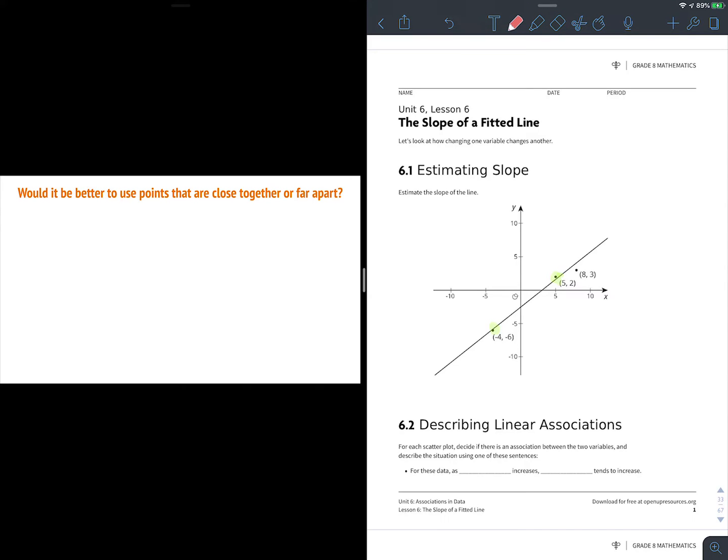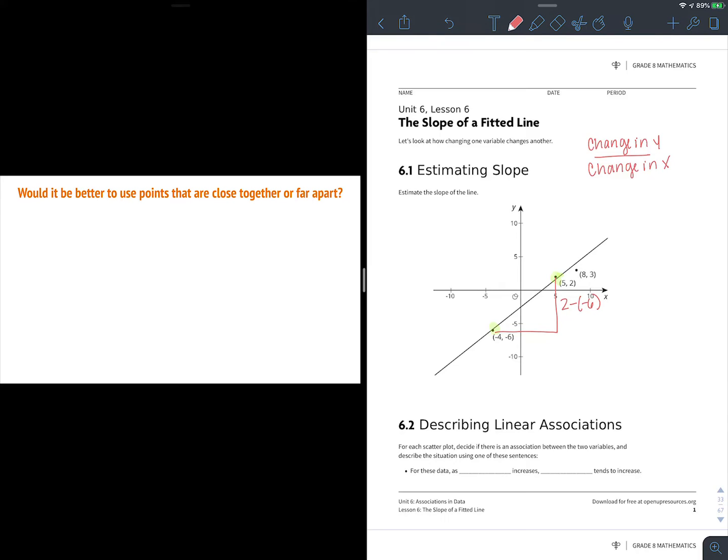Now, if you recall slope triangles from way back in the earlier units, we look at finding slope as the change in the y values over the change in the x values. So if we look at that change between our y values here, I see that that's 2 minus a -6.